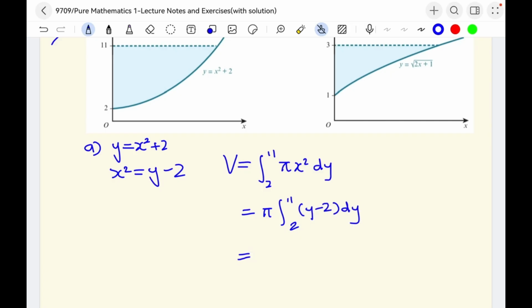Integrate it. It's easy. Now, use your calculator to calculate it. For me, I'm able to calculate it.